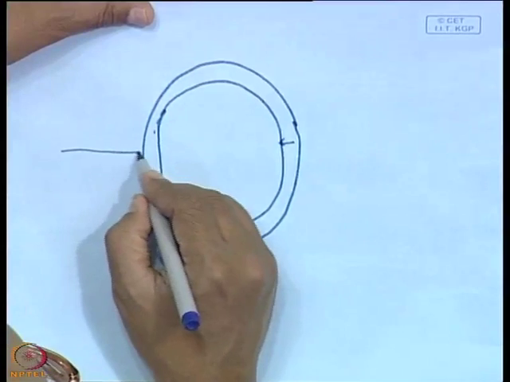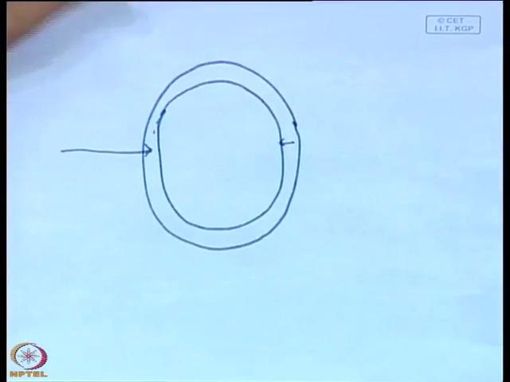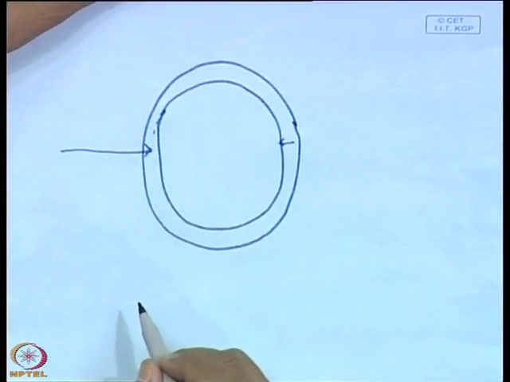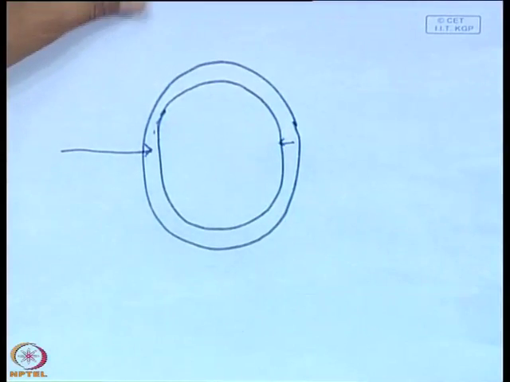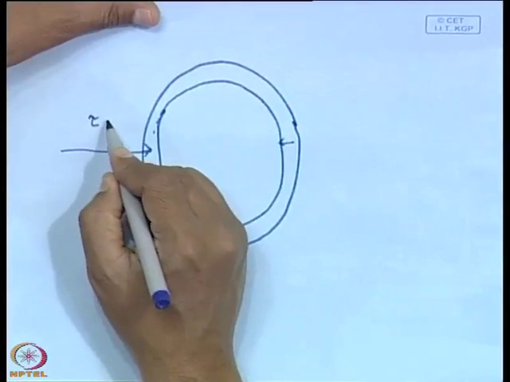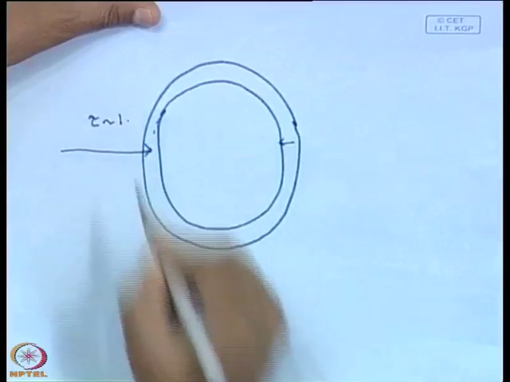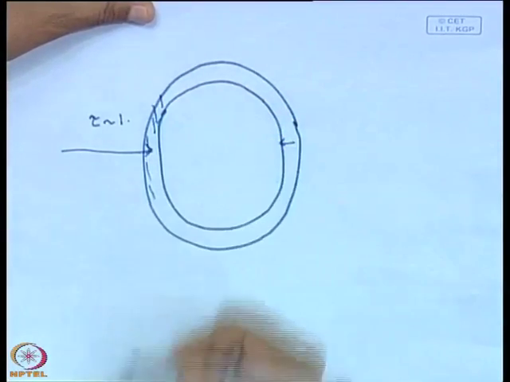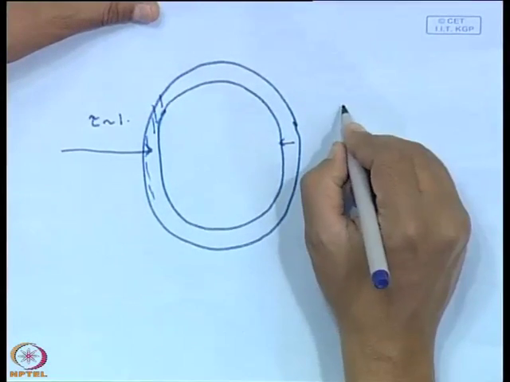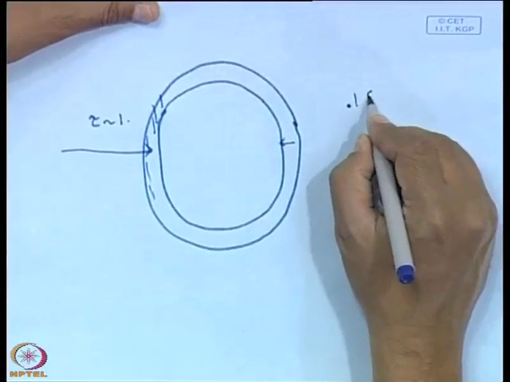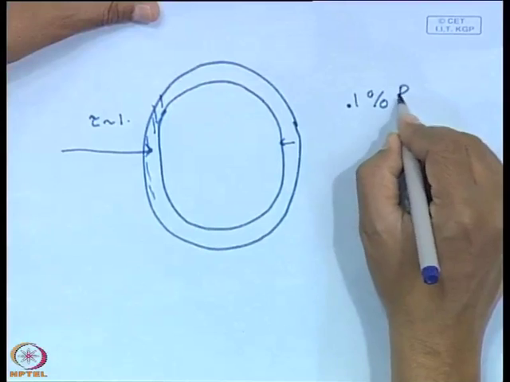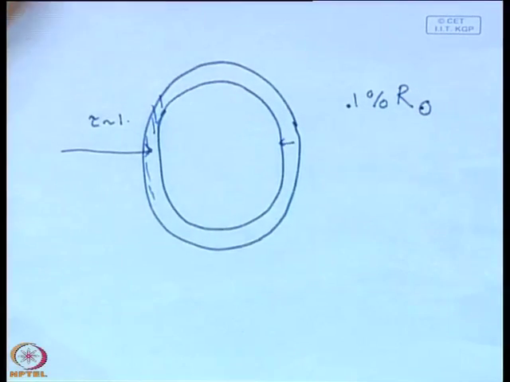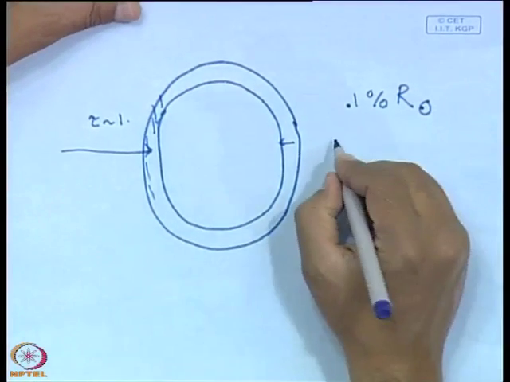So, we are looking from here, and the radiation originates from a surface inside the sun where the optical depth is of the order of unity. So, it originates from a thin shell, and the thickness of this is extremely small, around 0.1% of the total radius of the sun, and this is called the photosphere.